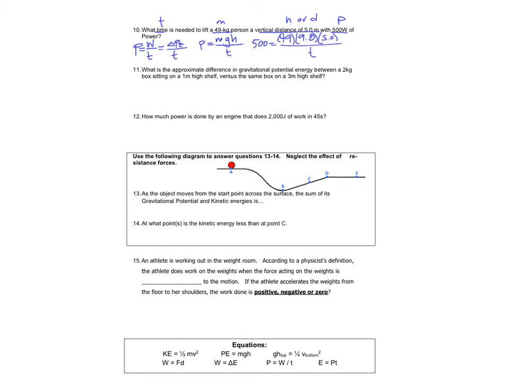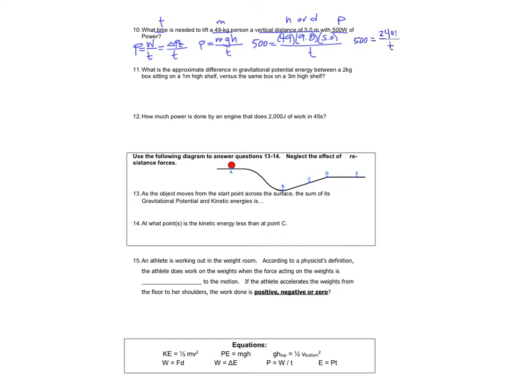If I multiply 49 times 9.8 times 5, I get 2401. So I get 500 equals 2401, still divided by t.